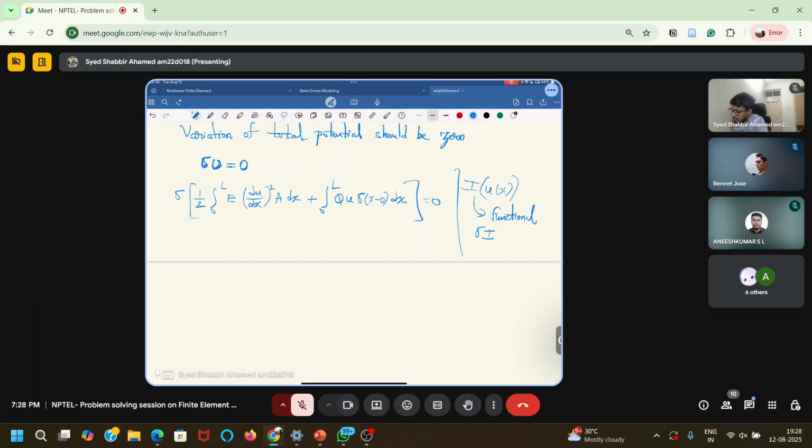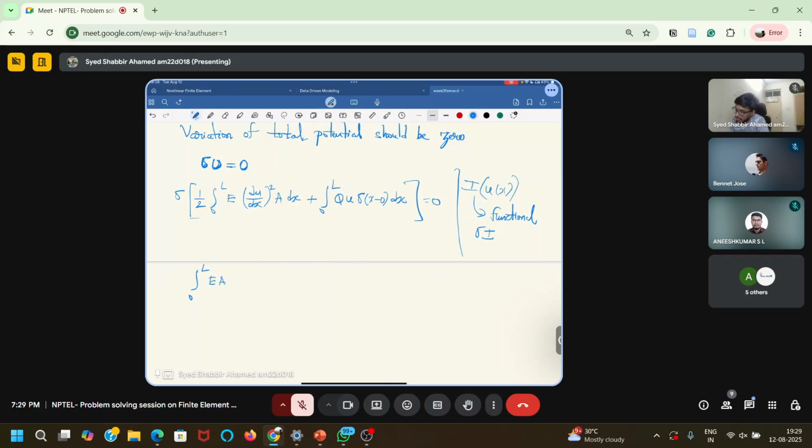If you apply variation, you can get this as E into A into... because we are differentiating twice.